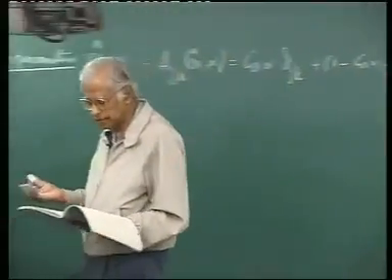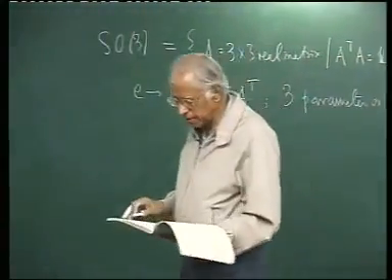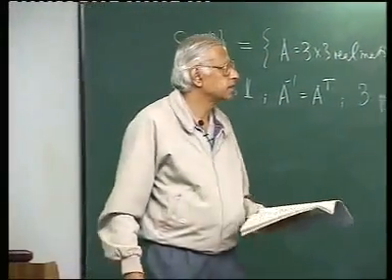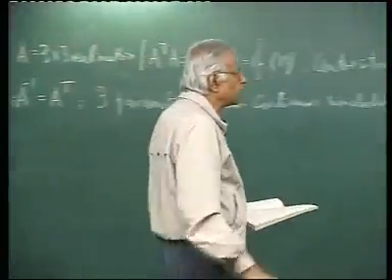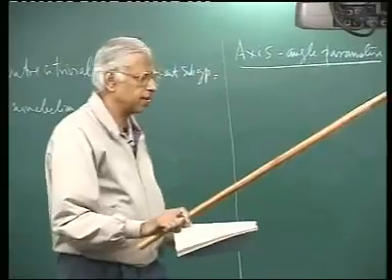You all know what it is, completely antisymmetric, and epsilon 1, 2, 3 is equal to +1. So, I want you to start from this geometrical idea.